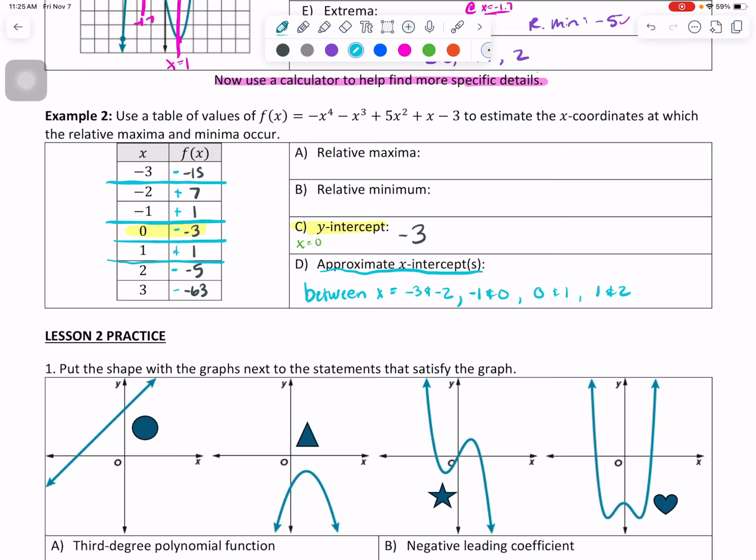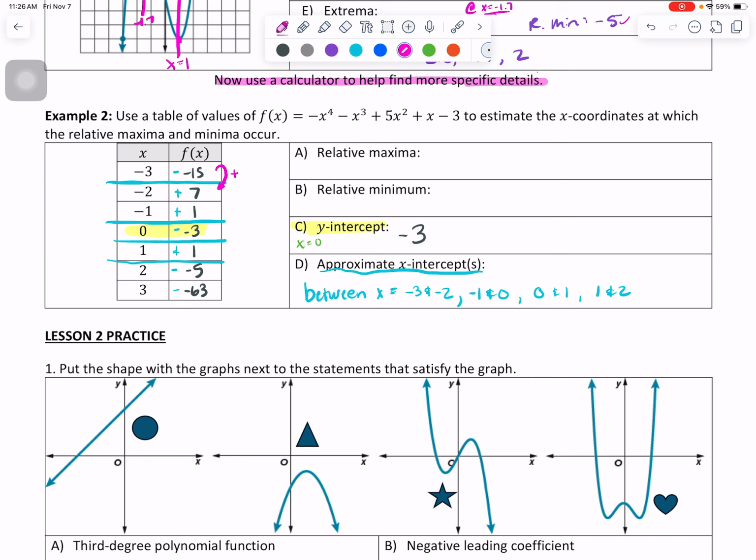Okay. Now, to figure out relative min and relative max. If I am going from the y values, if I'm going from -15 to 7, you notice the y value is getting bigger. Okay, so I'm saying it's a plus there, but that's just that it is getting bigger. It's going up the graph, right? Which means we are on the increasing interval, right?